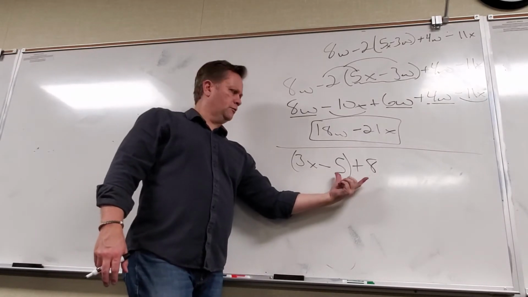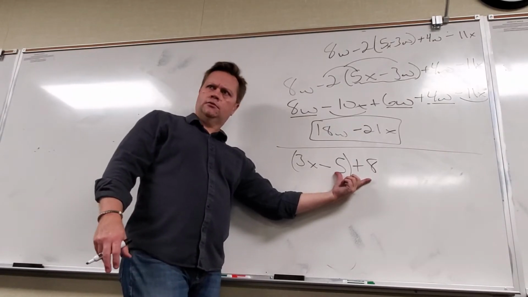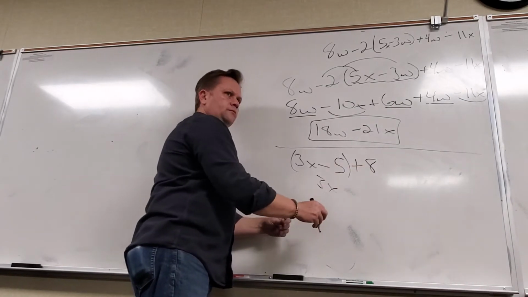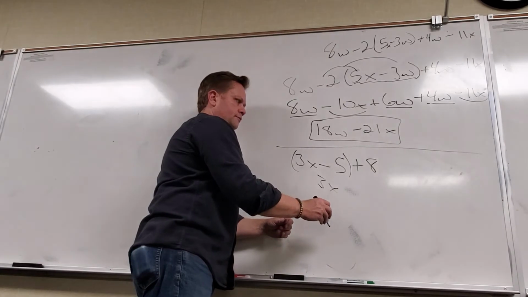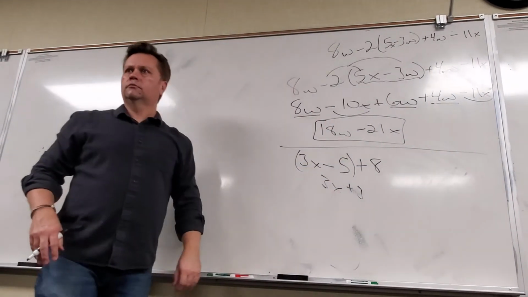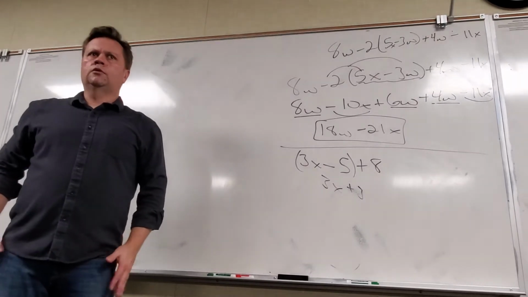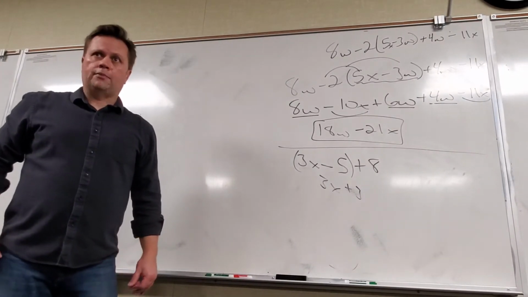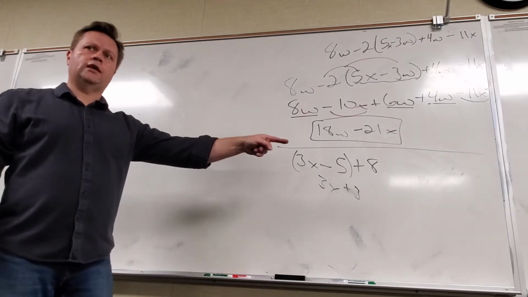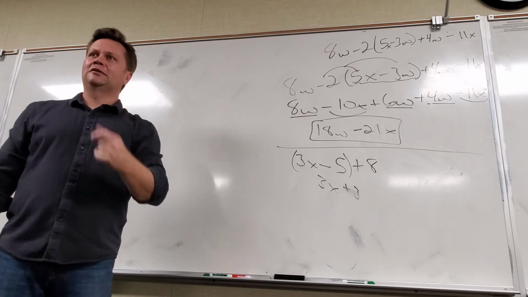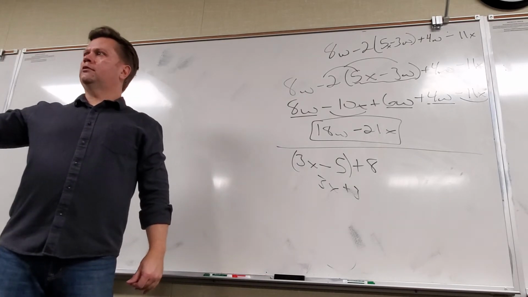So then you can put your like terms together. So it's 3x plus 3, right? -5 plus 8 is +3. -5 plus 8 is also 8 minus 5. You can always turn that around.